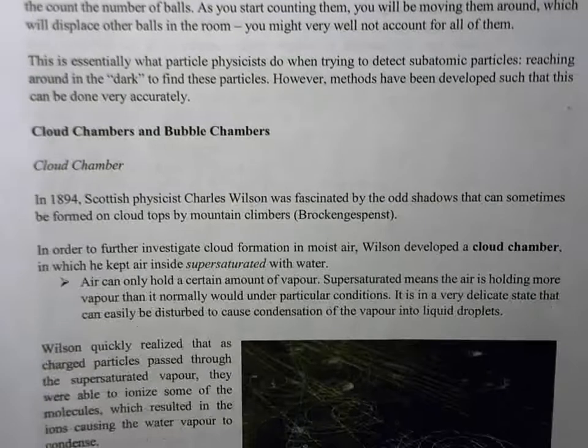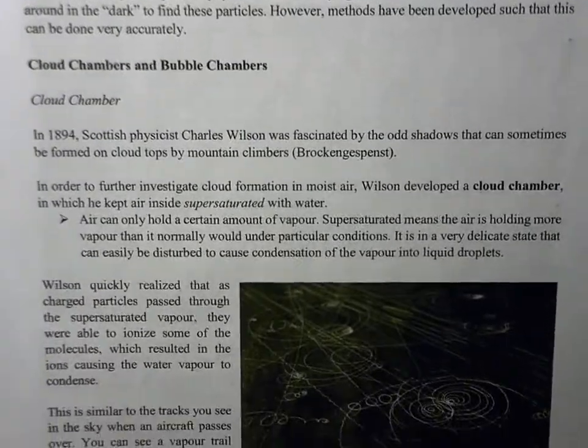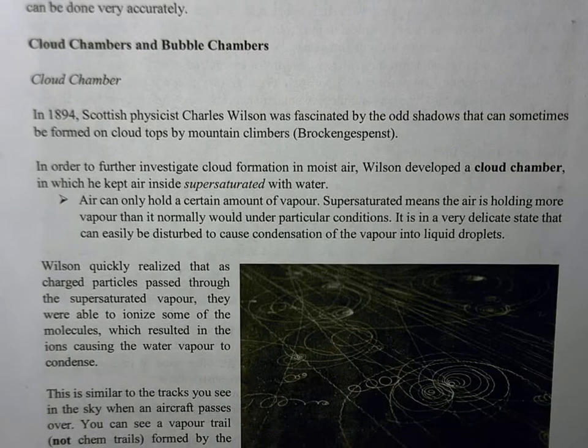Now, in terms of the detection, first thing that we can look at is this thing called the cloud chamber. This was developed by a gentleman from Scotland named Charles Wilson. What's happening in a cloud chamber is there's air inside there, but it's super saturated with water. Now, air itself can only hold a certain amount of water vapor. Being super saturated, it's actually holding more than it would under normal conditions.